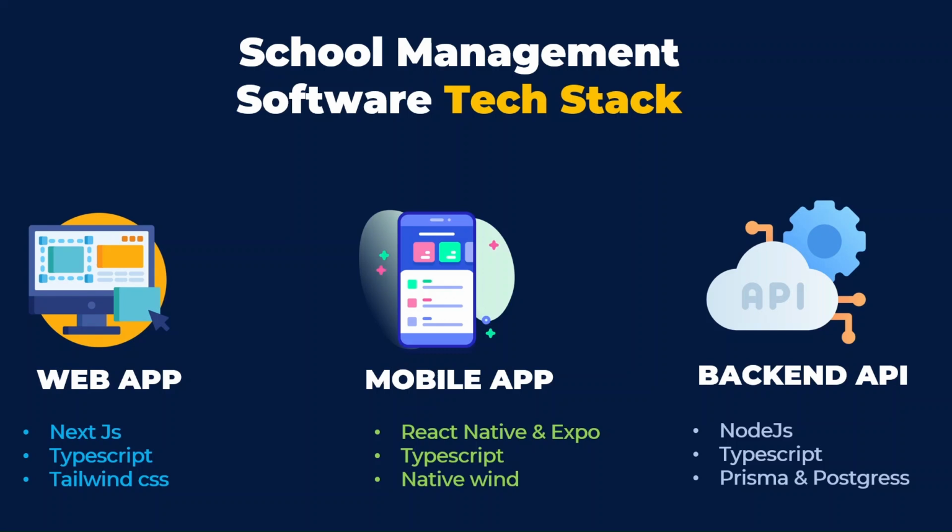Moving on, we're going to have a backend API powered by Node.js and Express. Then we'll use TypeScript, and Prisma for querying the database, and Postgres. Most people have been asking me, you use MongoDB all the time in all your projects, can you please show us how to use Postgres?